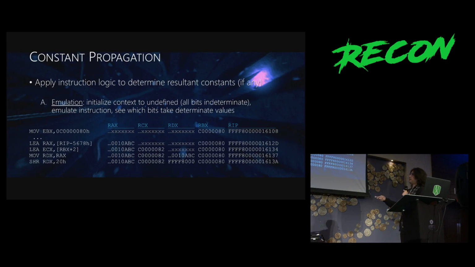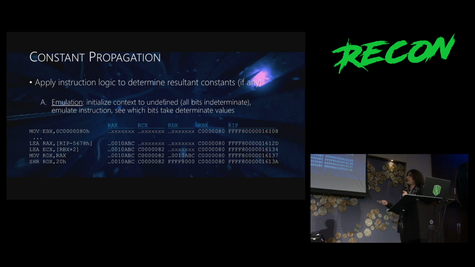So the state of the program at the first basic block, we don't really know many of the registers. We know RBX because in the first instruction you're moving the constant into RBX. We know RIP. So we go forward to the next instruction and look at LEA RAX, RIP relative. Well, we know RIP, we know RBX, and from those we can come to a conclusion about RAX.